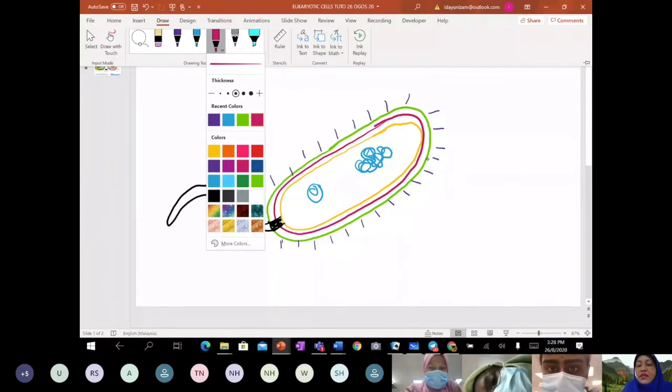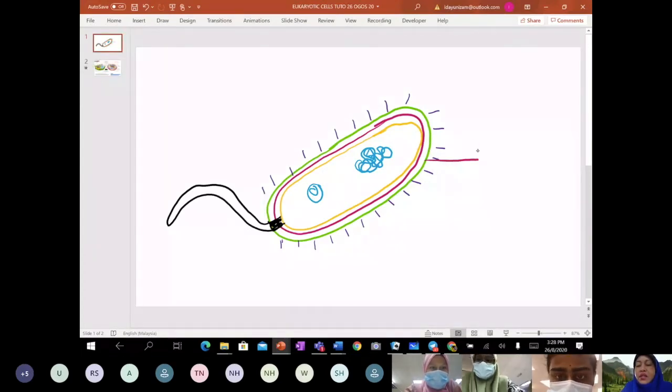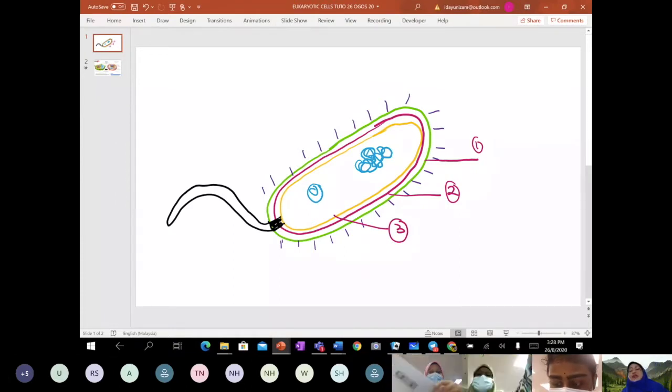Let's start with the outer layer. It's number 1. The second layer, number 2. The third layer, number 3. All are these 3 layers. When teacher mentions number 1, the outer layer, it is a capsule.